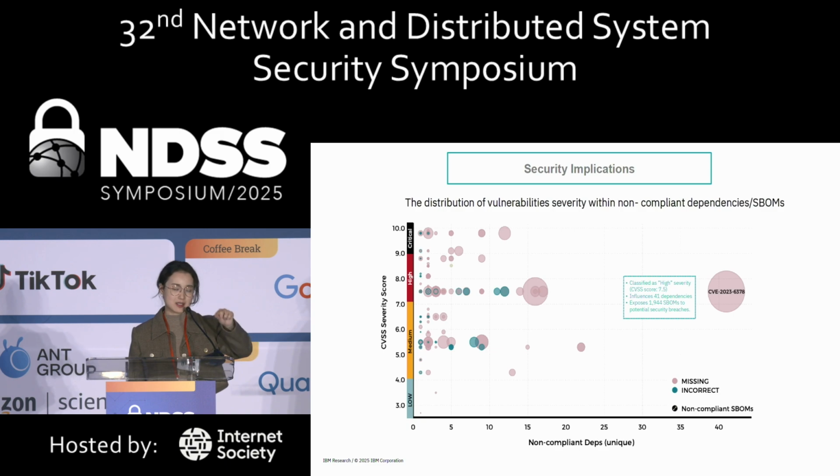The size of the bubble represents the number of non-compliant SBOMs affected by those vulnerabilities. From this chart, we can see the majority of the vulnerabilities are rated as high or critical, underscoring the severe security risks associated with those non-compliant SBOMs.